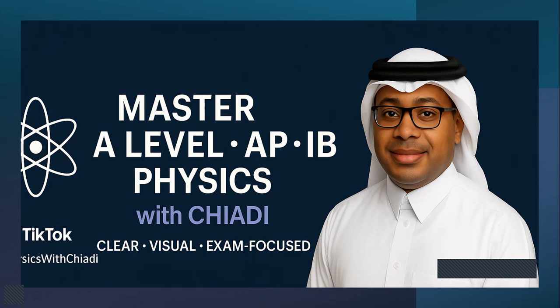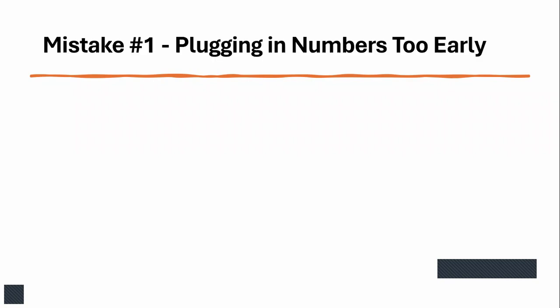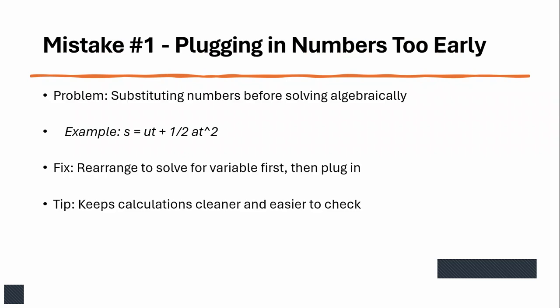So let's dive in and see the first mistake the students make, and that has to be with inputting numbers too early or plugging in numbers too early. Let's look at this equation. And this is a normal equation that we use in motion, also in projectile motion.